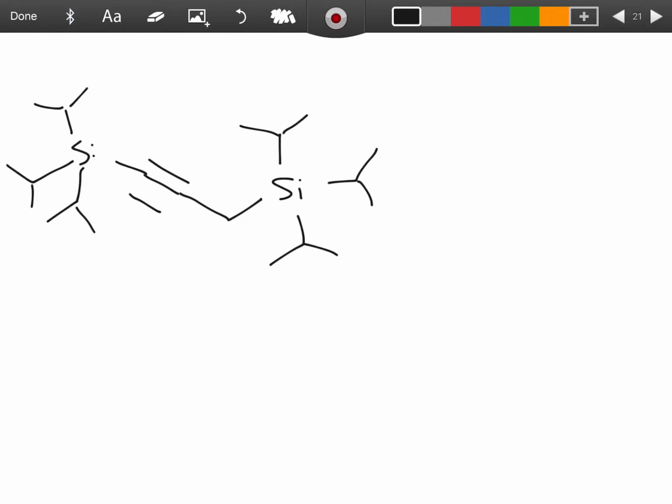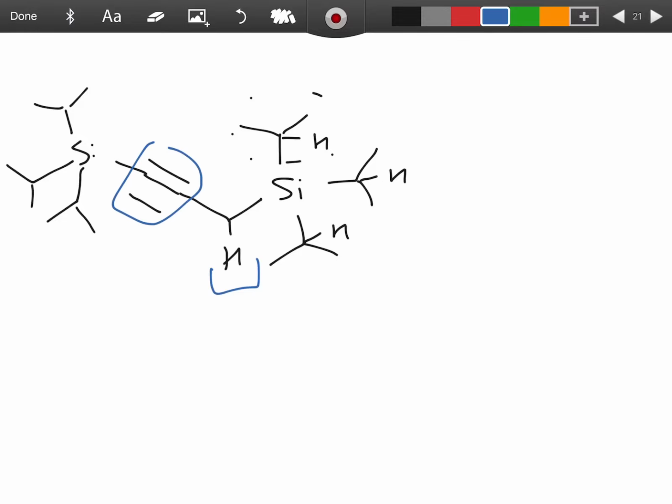you have the easiest hydrogen to get to, which is probably right here. All of these hydrogens here are surrounded by a bunch of isopropyl groups, so all of these are harder to get to than this one. And this hydrogen here is beside this alkyne, which will help stabilize the anion that you generate.